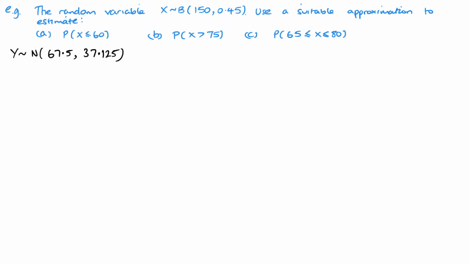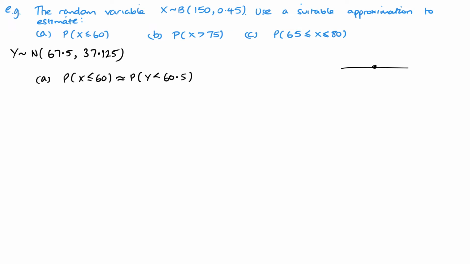Next, I'm just going to make a bit of room and we'll start with this first part A. So we're looking at x being less than or equal to 60. And what we want to do here is essentially approximate this with y. So we're looking at y being less than or equal to, it doesn't actually matter with normal distribution, but it's going to be 60.5.